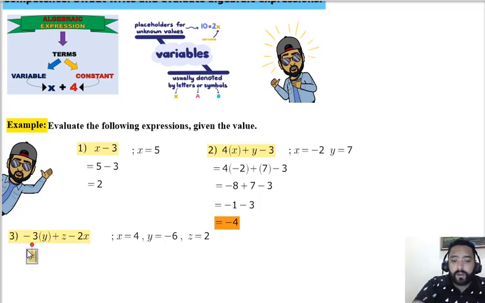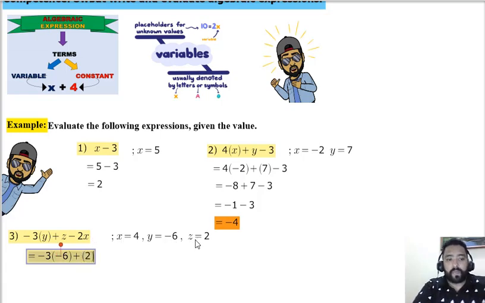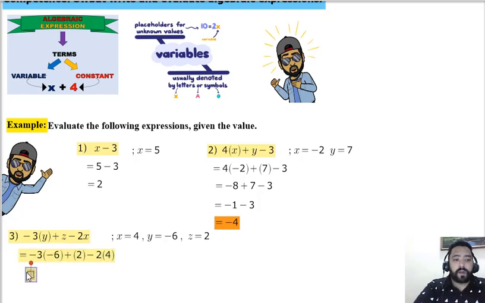So we're going to have negative 3, and inside the parentheses y, which is equal to negative 6, so we replace instead of y. Plus, open parentheses, z, which is positive 2. And then negative 2 multiplied by x, and the value for x is 4. Then we solve this expression: negative 3 times negative 6.